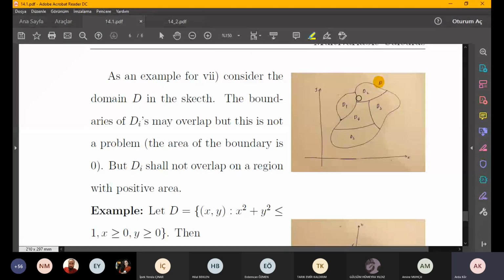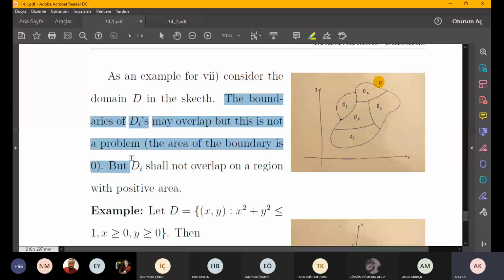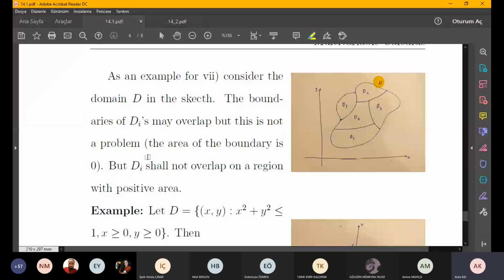The boundaries of the Di's may intersect, but since the area of those boundaries is 0, the boundaries may overlap like here, and it will not be a problem.